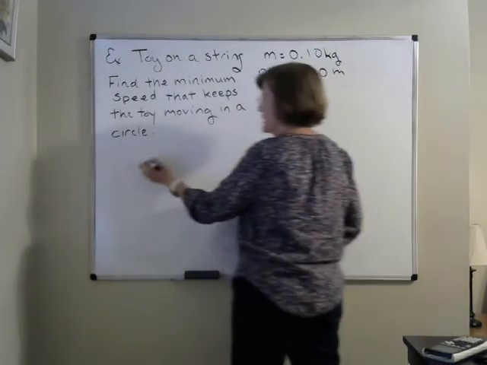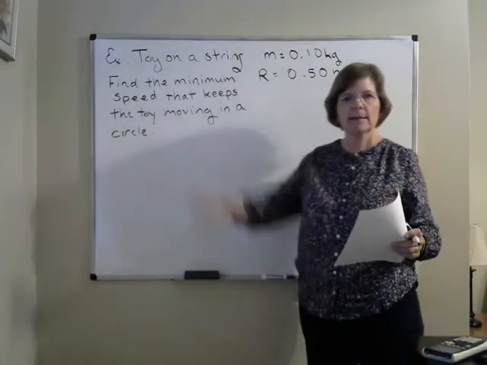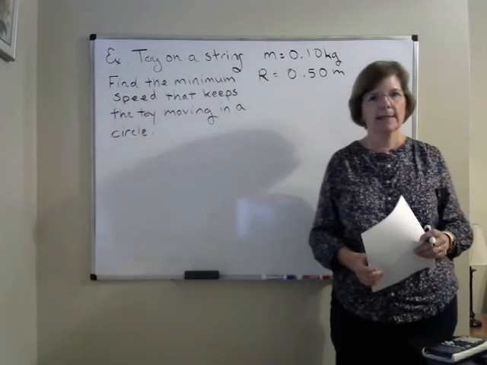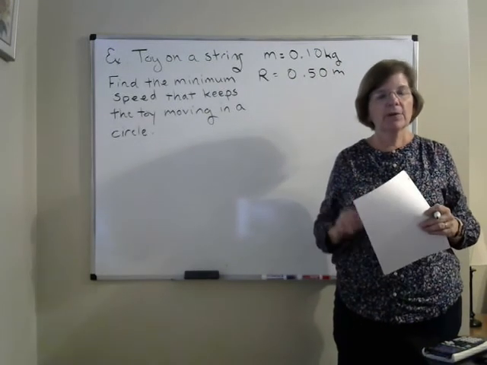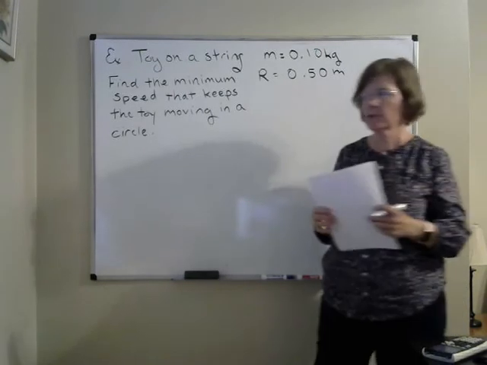This is a vertical circle, and I should have written down, we're spinning it around like this in a vertical circle. We could solve something similar with a horizontal one, but I want it to be a vertical circle.